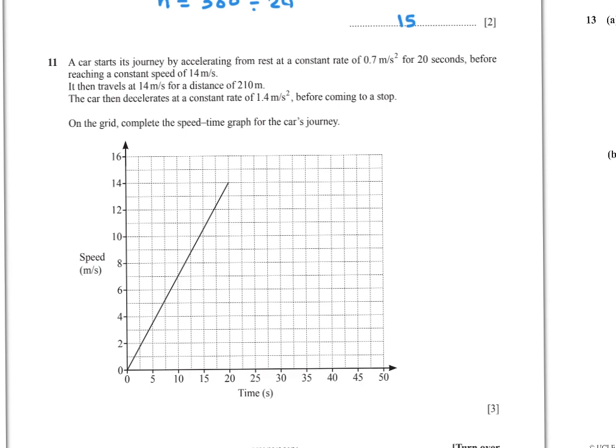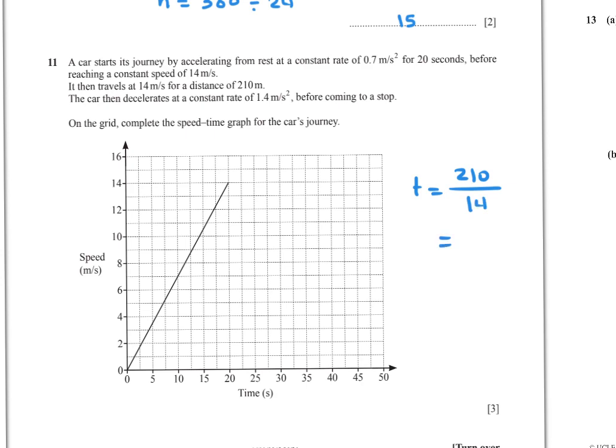So, first acceleration till 14. Now we have constant speed. So constant speed is represented by a horizontal line. But we need to find the time for this constant speed. To find the time, we have the constant speed 14, and we have the total distance 210. So to find the time, divide the distance, which is 210, by 14.